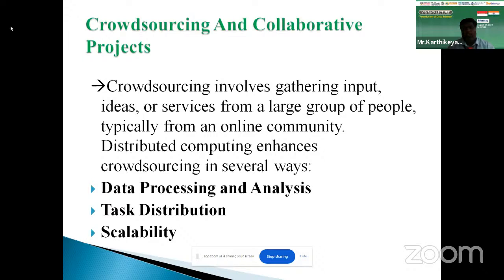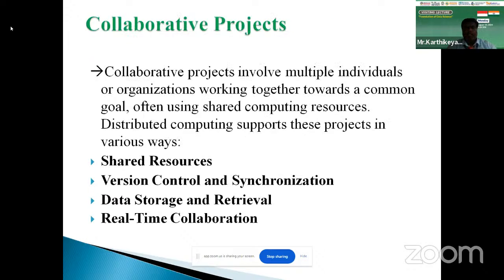Distributed computing enhances crowdsourcing in several ways: first data processing and analysis, second task distribution, and third scalability. Collaborative projects encompass various ways: first shared resources, second version control and synchronization, third data storage and read-write, and last real-time collaboration.